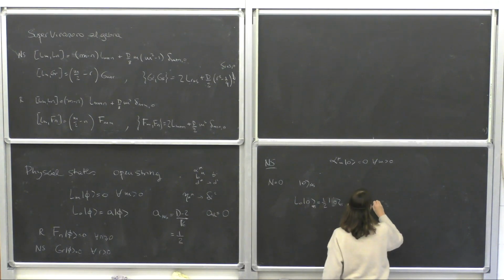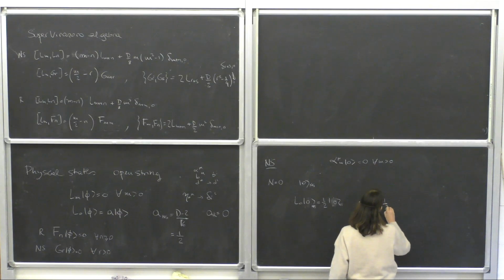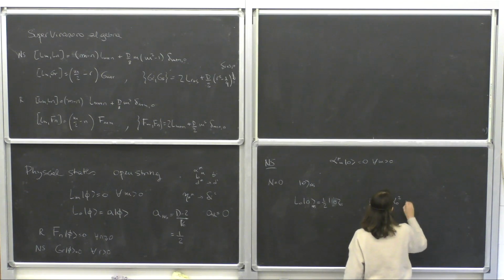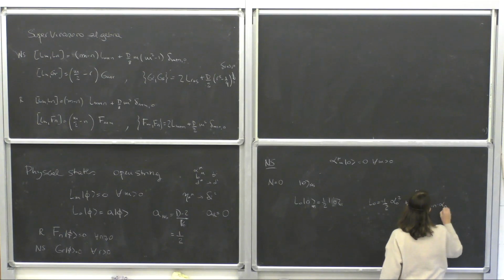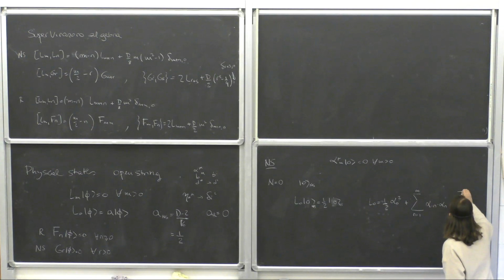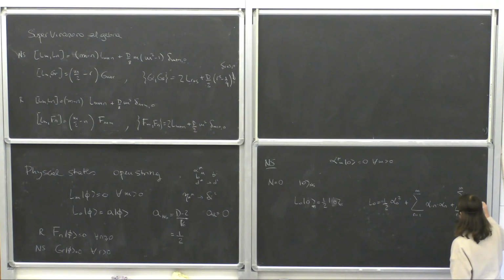So L_0 is 1/2 of alpha_0 squared plus the sum, since we are in the NS sector, r equals 1/2 to infinity of r b_-r b_r. Yeah, I'm not missing 1/2.